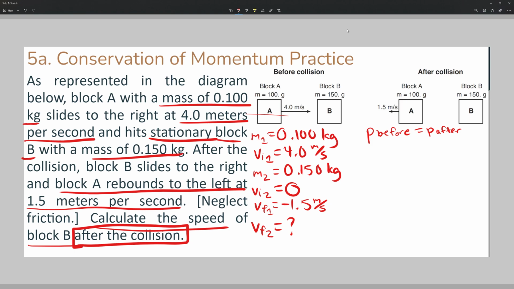Before the collision, those are your initial velocities, and if it says after collision, that's your final velocity.